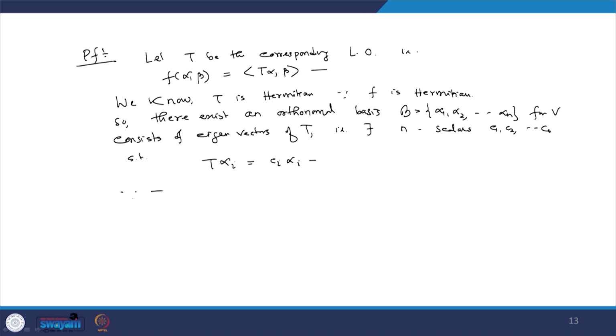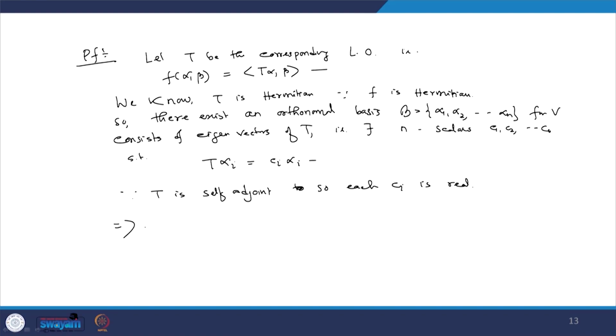Since T is self adjoint, each ci is real. Already we have proved this, because a self adjoint operator has real eigenvalues.